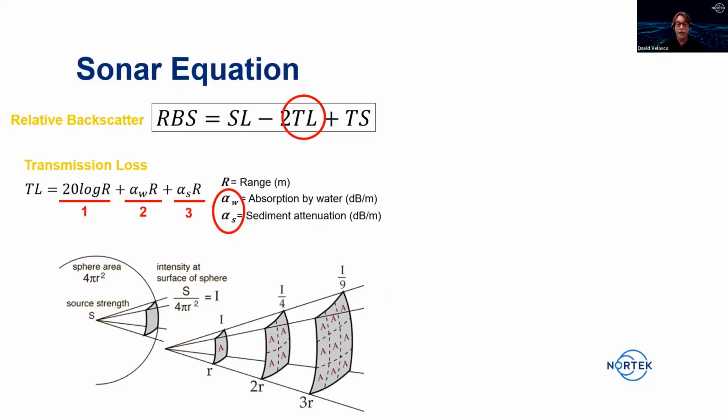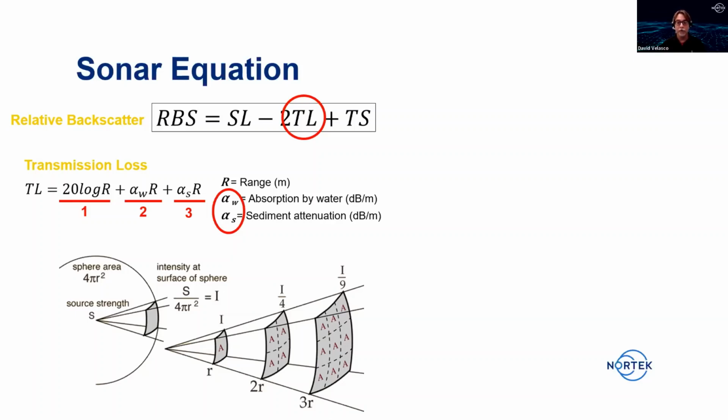Now, there's been a lot of work done since, I'd say, probably the 1930s on attenuation coefficients. And today, the attenuation by the water itself is fairly well understood. But it's a function of, I would say here in order of importance, first the frequency, then salinity, then temperature, and finally pressure.